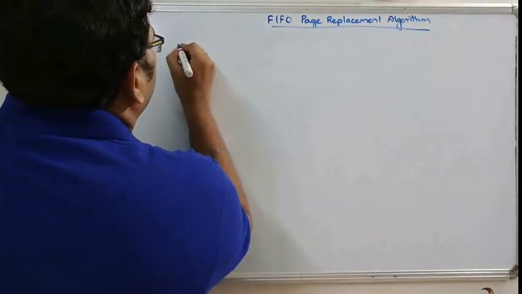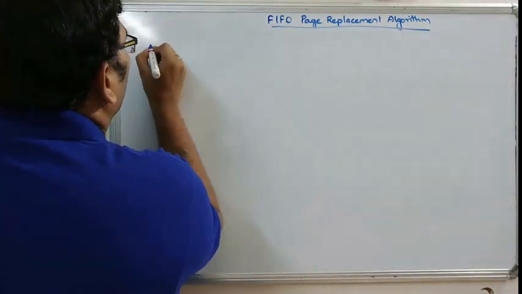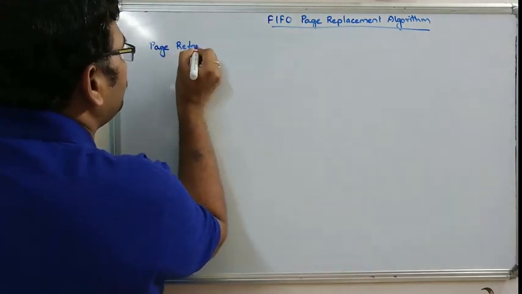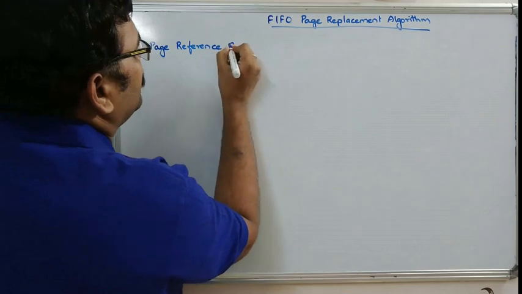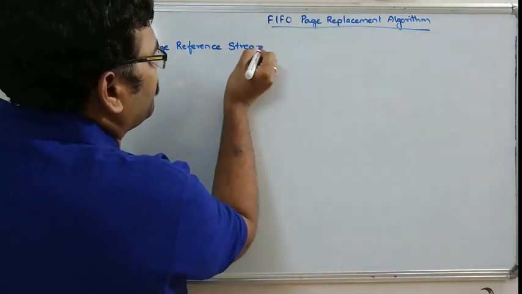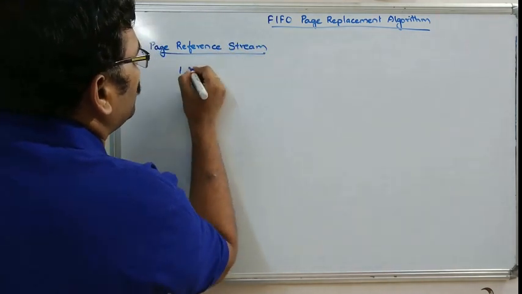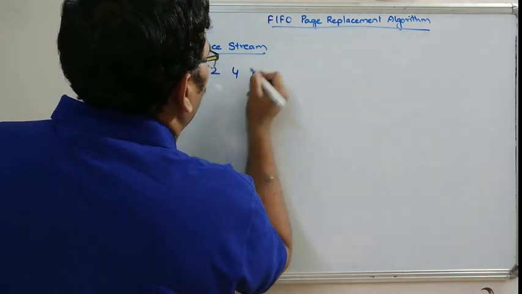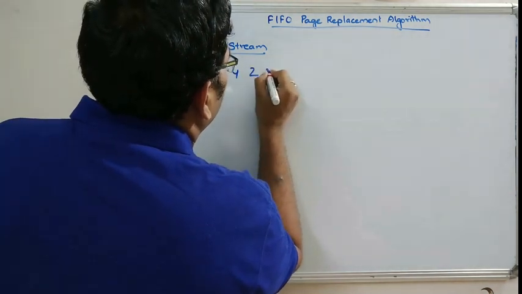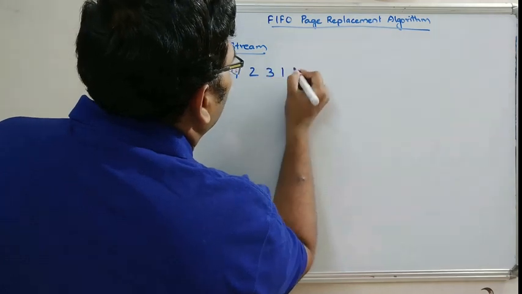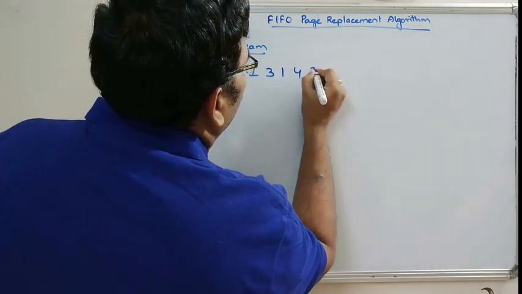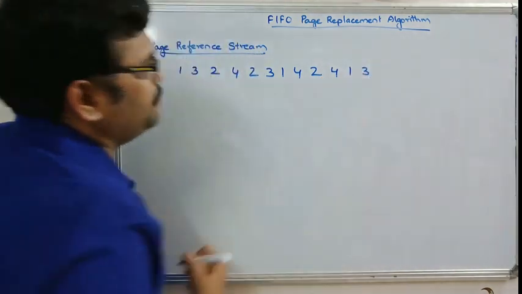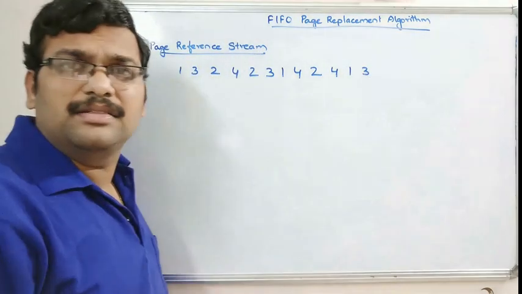The page reference string is 1, 3, 2, 4, 2, 3, 1, 4, 2, 4, 1, 3. I have taken this as random.